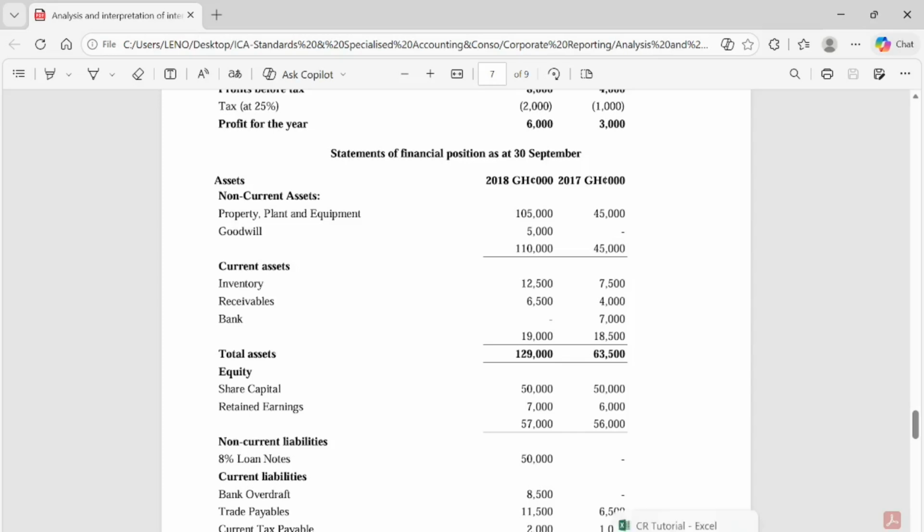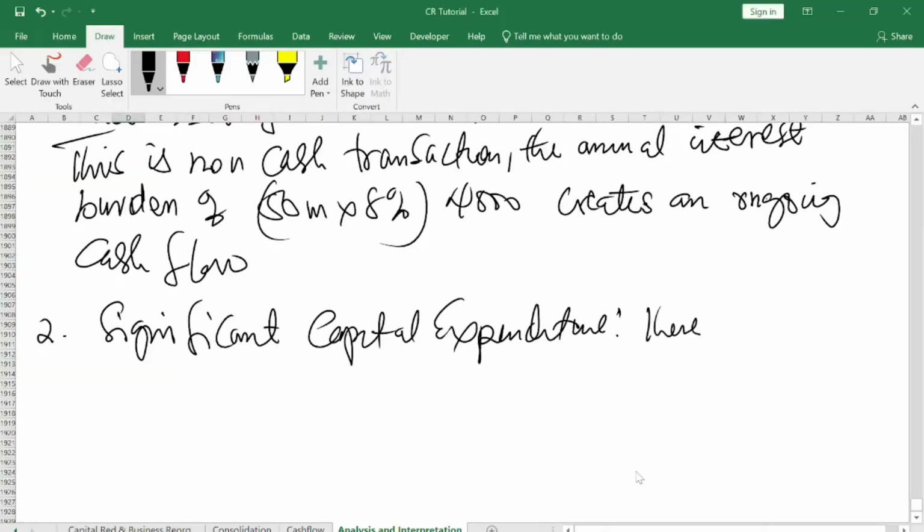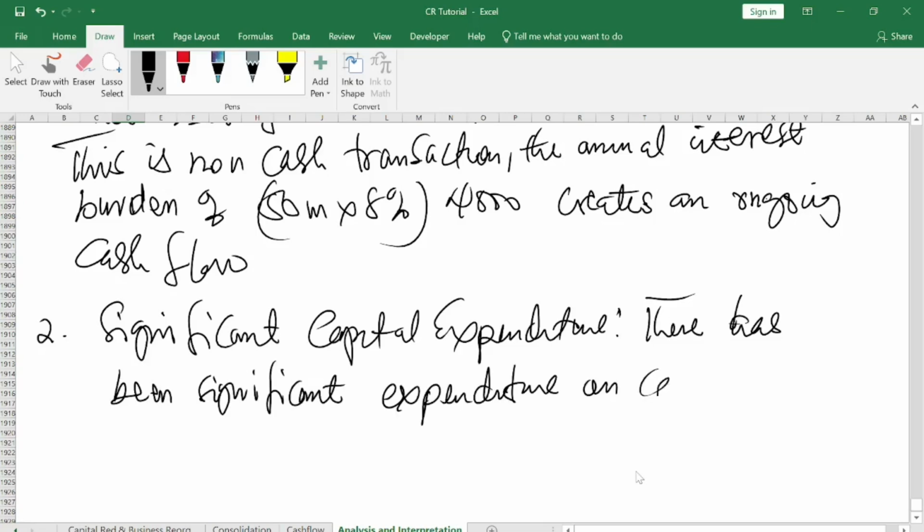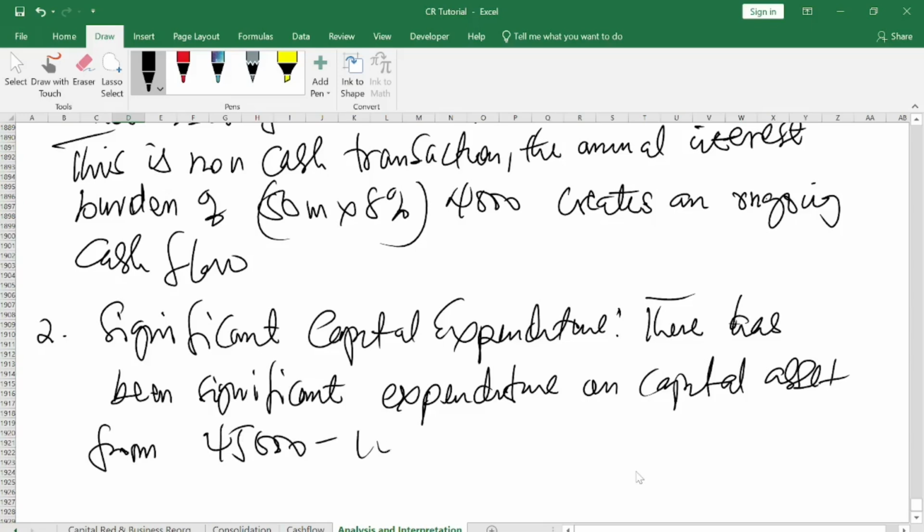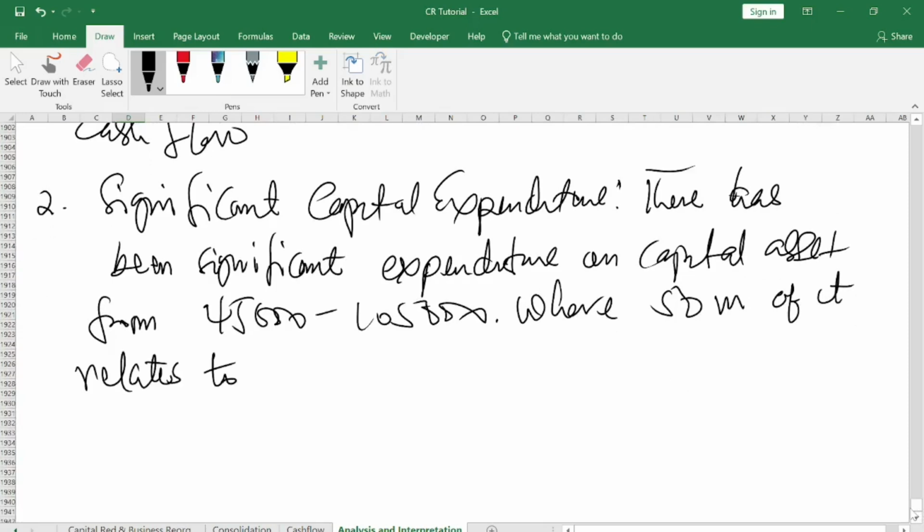So you say that there has been significant expenditure on capital asset from 45,000 to 105,000, where 50 million of it relates to the acquisition of subsidiary.